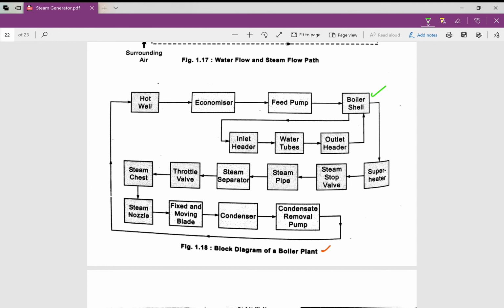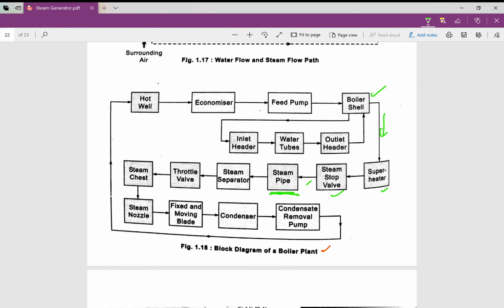From the boiler, as we have seen in the previous diagram, steam goes to the superheater, right? Then from the superheater the steam is supplied to the steam engine or steam turbine through the steam stop valve. Then the steam pipe should be insulated so that the steam going to the steam turbine should not be condensed.